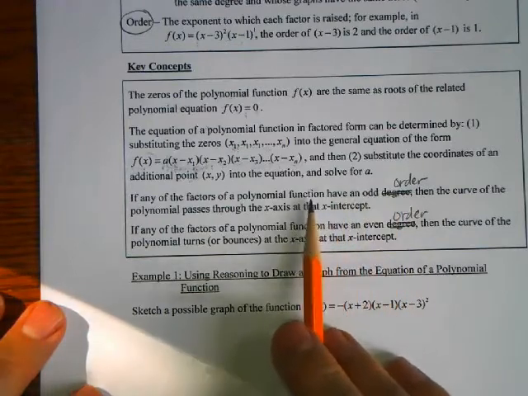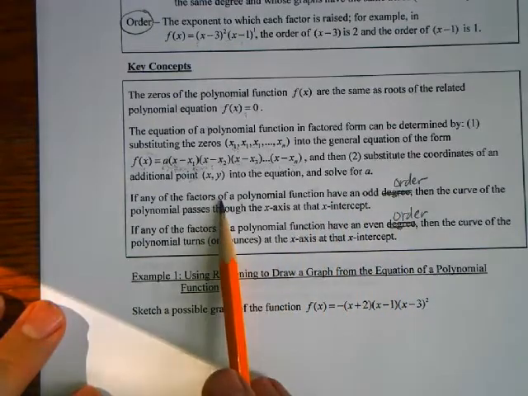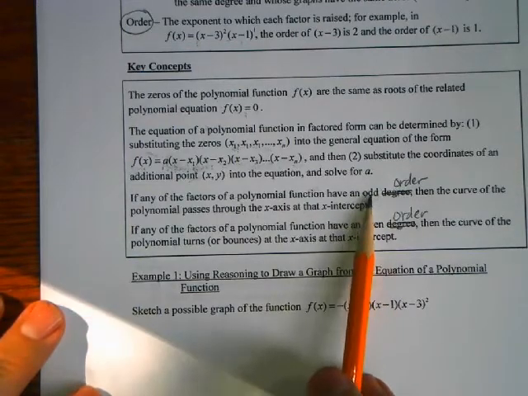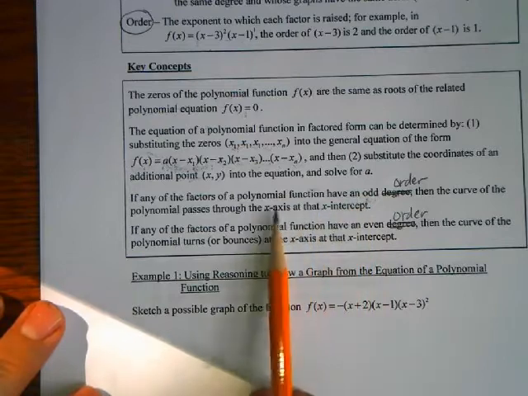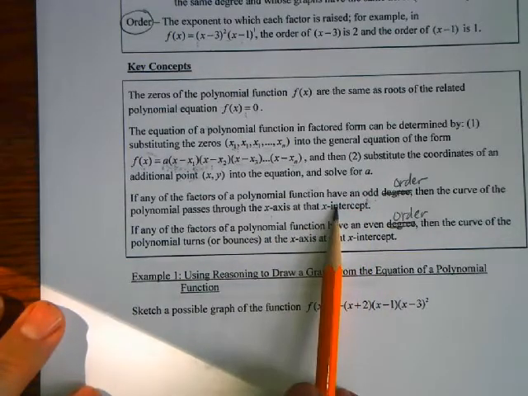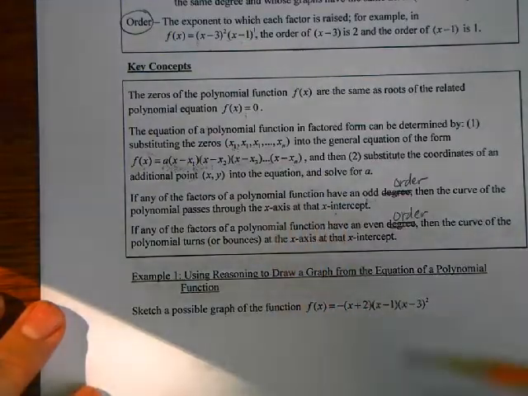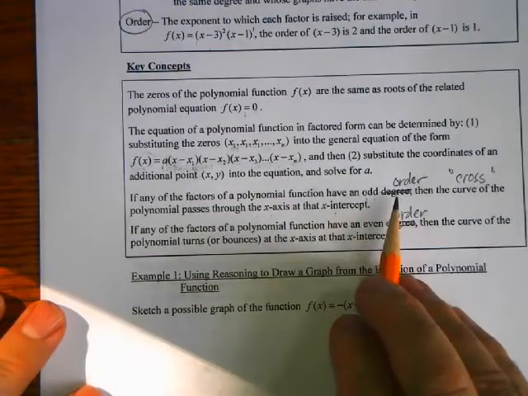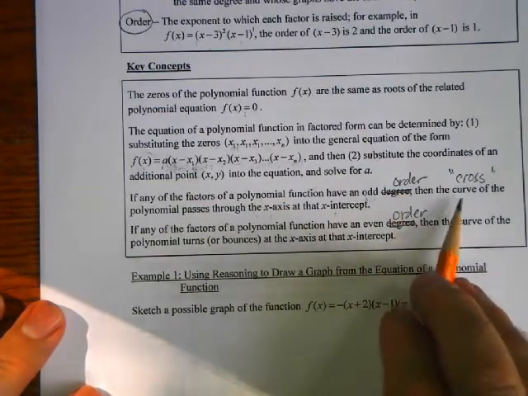If a factor has an odd order, so if the exponent of the factor is 1, 3, 5, etc., then the curve actually crosses the x-axis, goes from one side to the other at that x-intercept. So we call these ones cross, at least I do. If it has an odd order for a factor, the curve will cross.